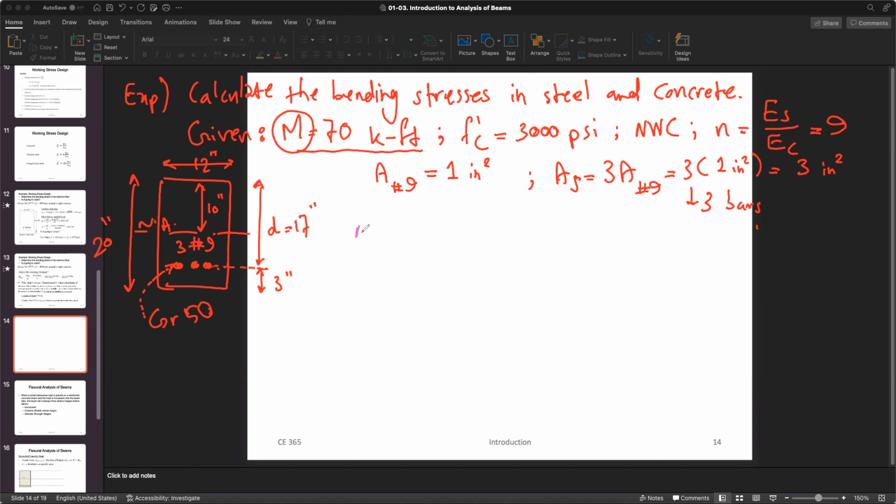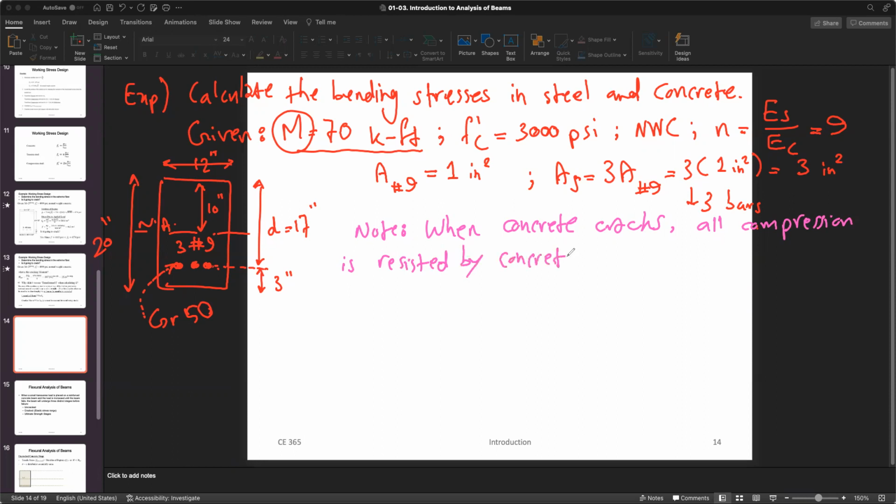Let me write in terms of a note. When concrete cracks, all compression is resisted by concrete and all tension only is resisted by steel.